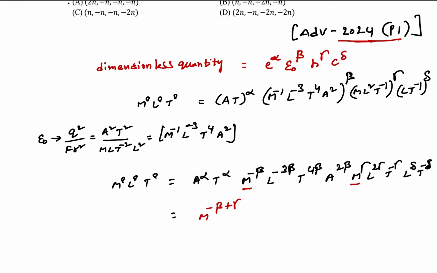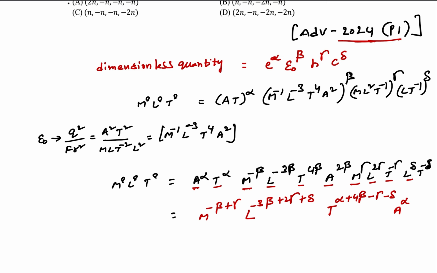M powers: minus beta, plus gamma, so minus beta plus gamma. Next L powers: minus 3 beta, plus 2 gamma, plus delta. Next T terms: alpha, plus 4 beta, minus gamma, minus delta also.